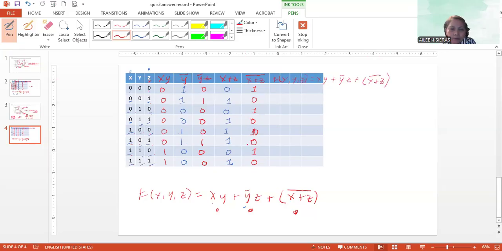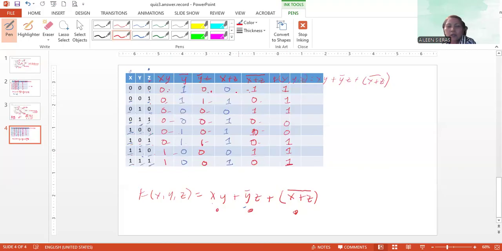Okay? So we have here xy plus y bar z plus x plus z bar. So 0 or 0 or 0 or 1 is equal to 1. 0 or 1 or 0 is equal to 1. 0 or 0 or 1 is equal to 1. 0 or 0 or 0, this is 0. 0 or 0 or 0, this is 0. Then the remaining rows follow the same way.